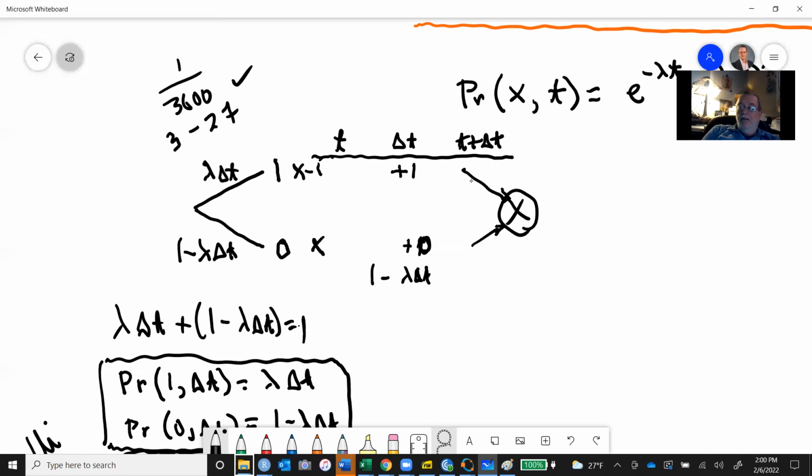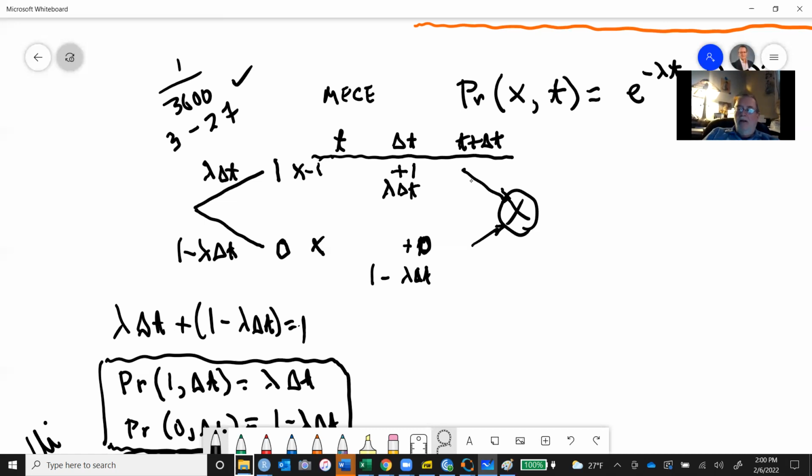And this top way happens with lambda delta t. Now, these are mutually exclusive, completely exhaustive. It's all of them, and they're mutually exclusive. They all end up at X at the end of this very small time interval.